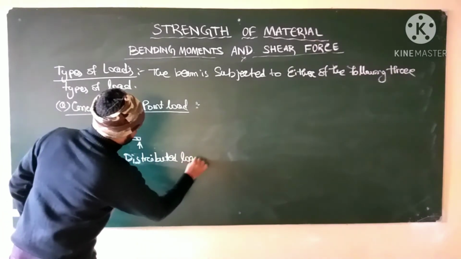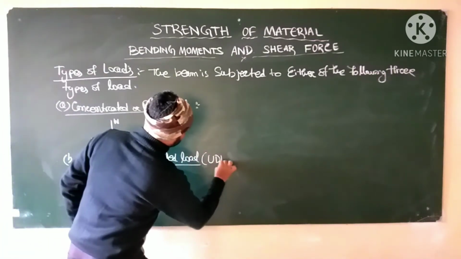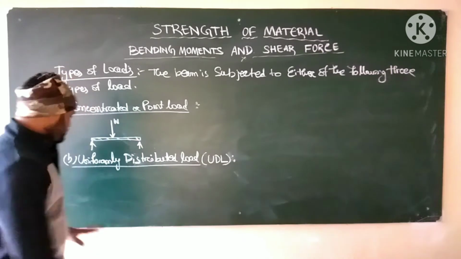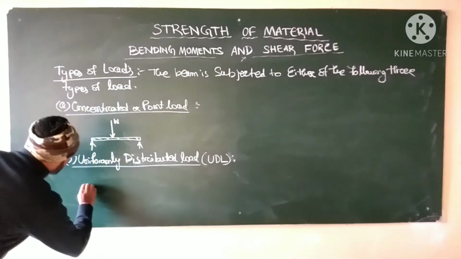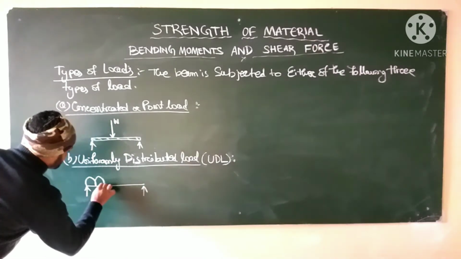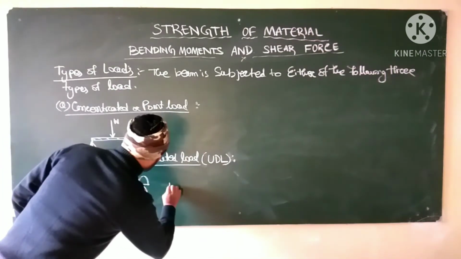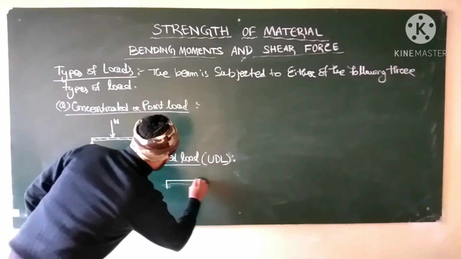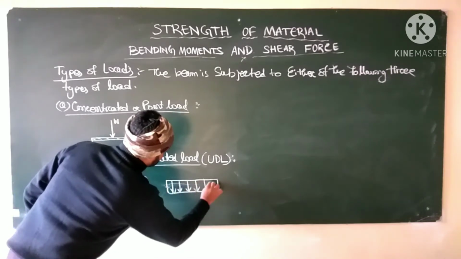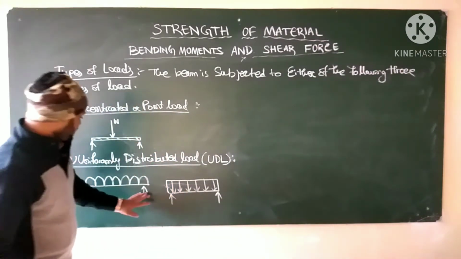Next, the second one is the uniformly distributed load, or you can say UDL. What is uniformly distributed? See the figure. If it is a simply supported beam, here the load is uniformly distributed along the beam.